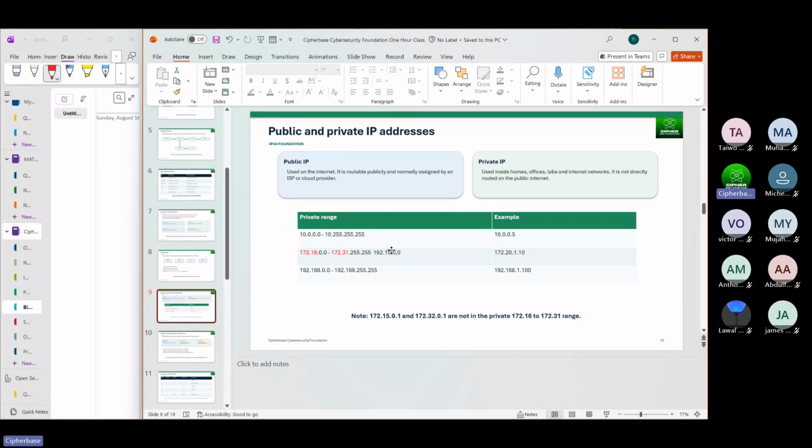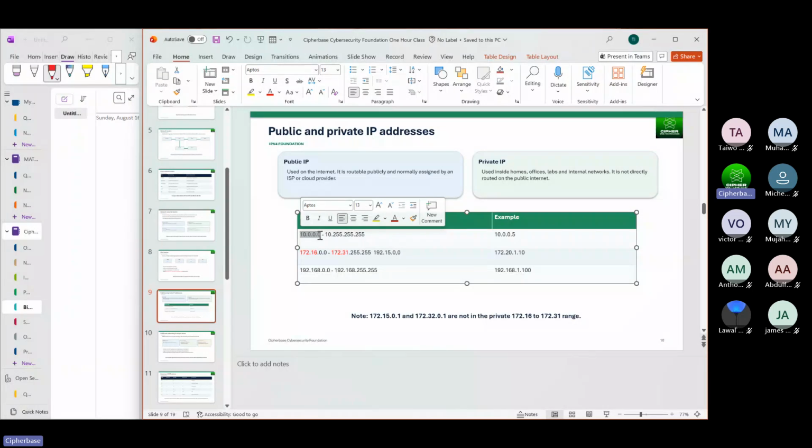So now I differentiate it here. I say private IP range from this. So anywhere you see 10, for those people that are using MTN, you might have this one.